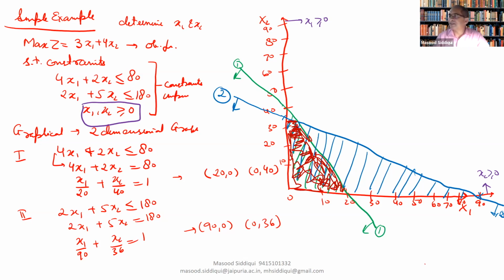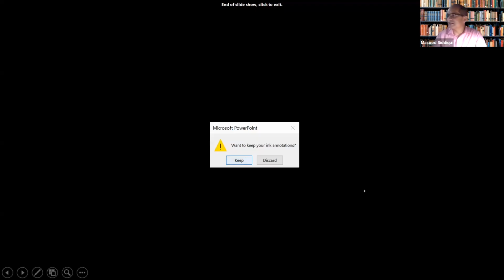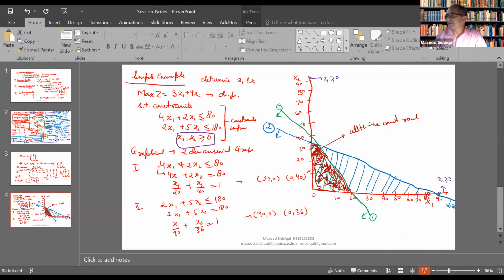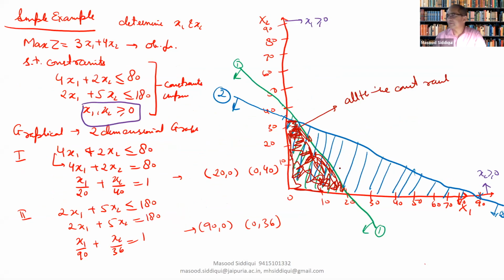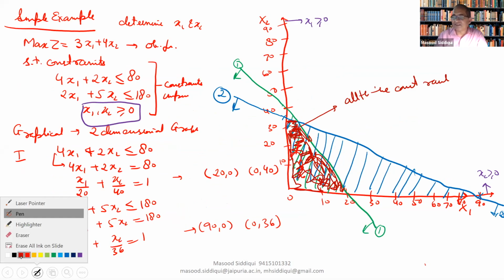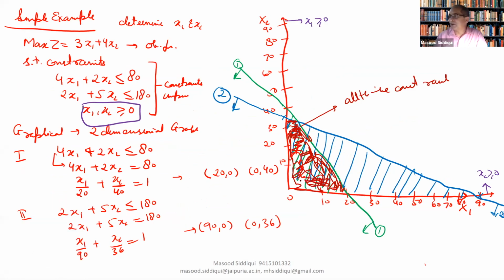So this part is being satisfied by all the constraints. So all the constraints are satisfying this part. So if we consider this part, this is the part of our interest.